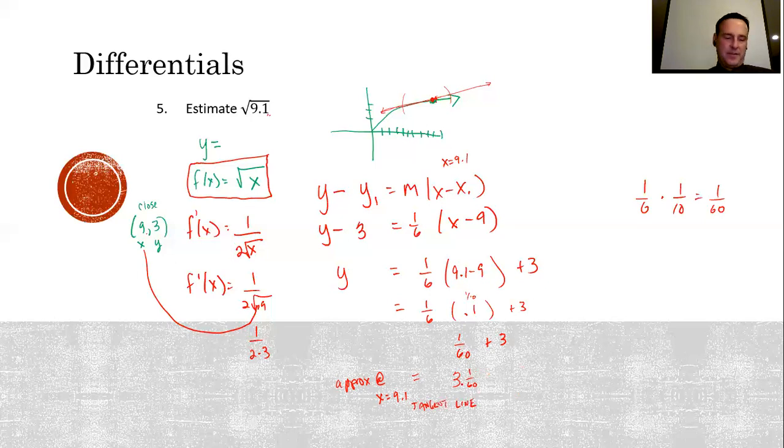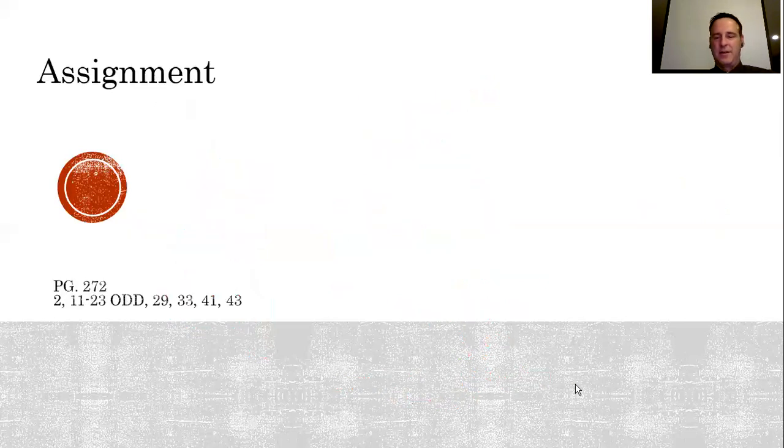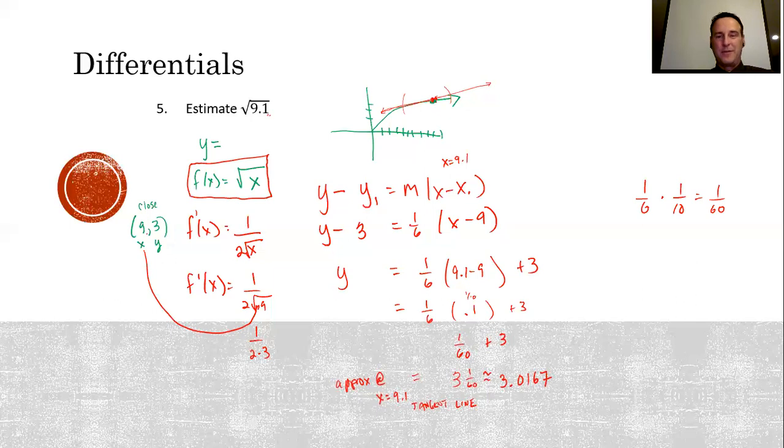And so I'm just going to take 1 divided by 60, and that gives me about, if I do my calculus AP way, 3.0167. And if I do the square root of 9.1, just to verify, that gives you also 3.01662.